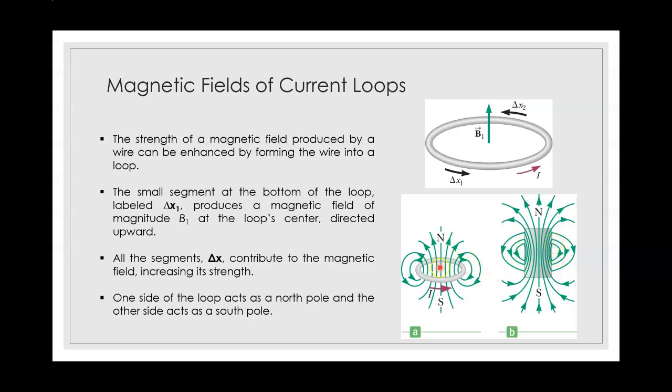Yang ini adalah bar magnet. The field is smaller, so one side of the loop acts as a north pole and the other side acts as a south pole. Ini north and south pole bila dalam bar magnet.